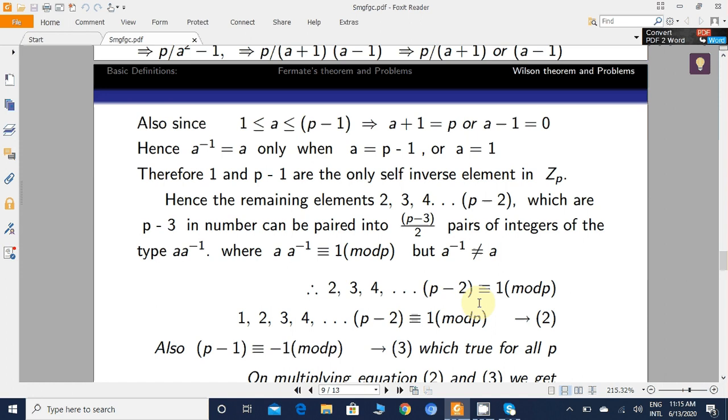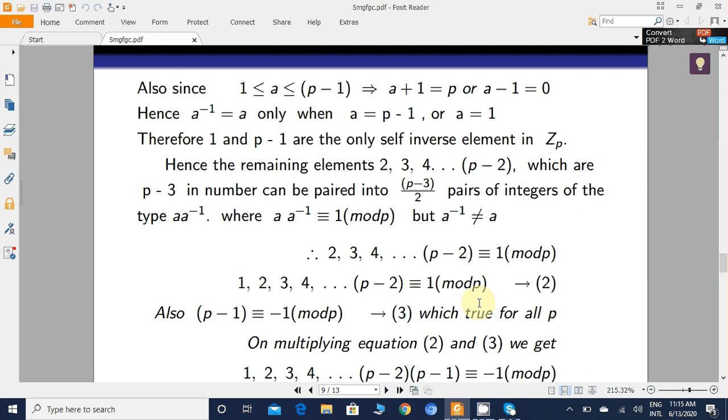Therefore, 2, 3, 4, etc., p minus 2 is congruent to 1 mod p. On multiplying, the same thing we can also write as 1, 2, 3, etc., p minus 2, which is congruent to 1 modulo p.